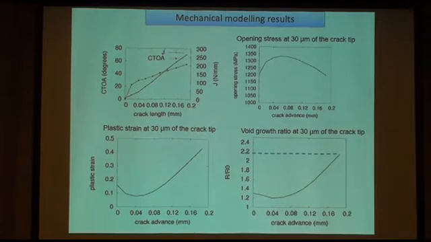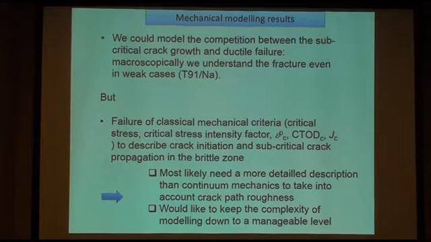But concerning the possibility of extracting fracture criteria, we found out that we have no clear trend on, for example, the opening stress, which here decreases, but then the crack still continues to propagate. And the same for other conventional classical mechanical criteria, such as critical J or critical amount of plastic deformation.